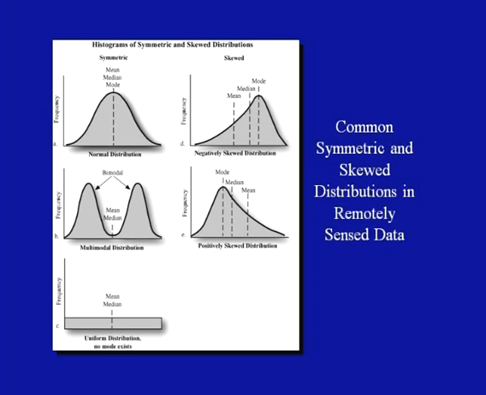If the skewness is towards the left, then we call this a negative skewed distribution. If the skewness is towards the right, then we call this a positive skewed distribution. Many times there may be two peaks or two bell shapes, and this is what we call a multimodal distribution.